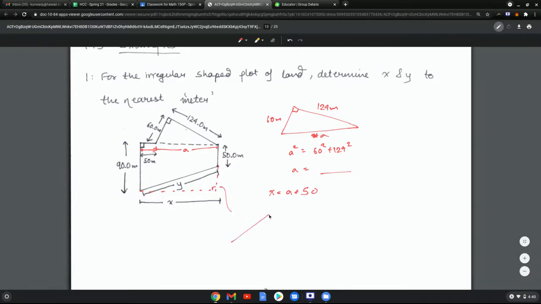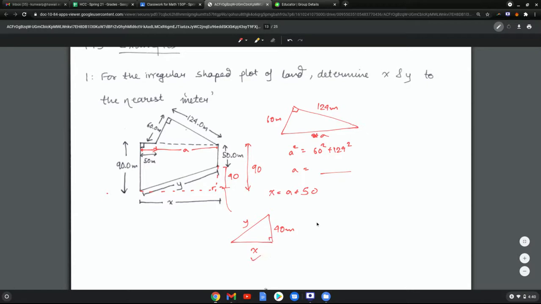Now, if I complete this figure, I can make another right triangle here. If I look at this right triangle, this is X, this is Y, and what is this? Again, if this whole thing is 90, this whole thing is 90, then what's left here is 90 minus 50, which is 40.